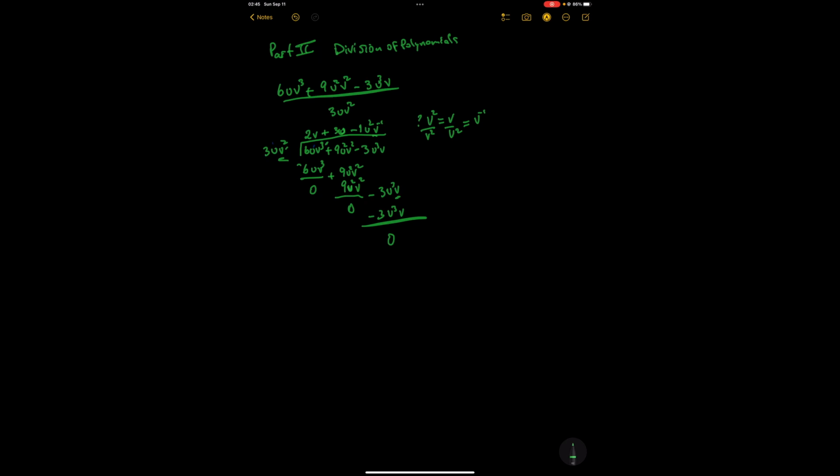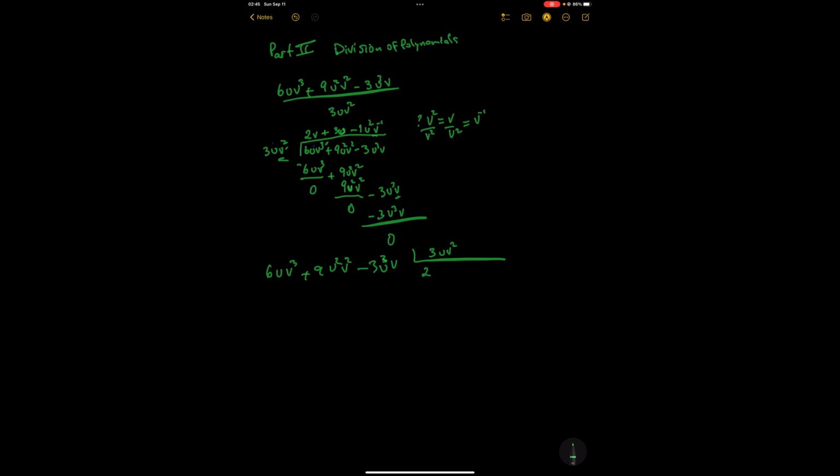I know that might be confusing, but when you see what I just did, you understand what it was about. Let's do the other way. So you're going to have 6uv cubed plus 9u squared v squared minus 3u cubed v divided by 3uv squared. So what do we have now? We have 2, and the u is equal to 1.